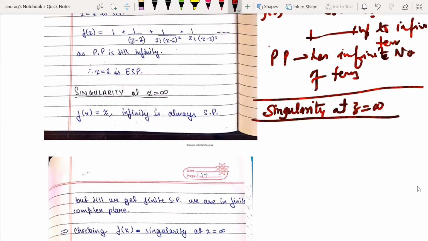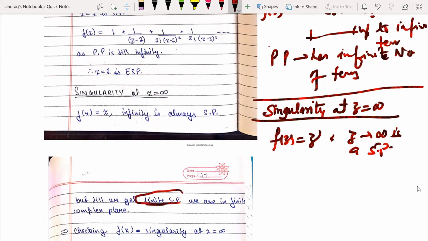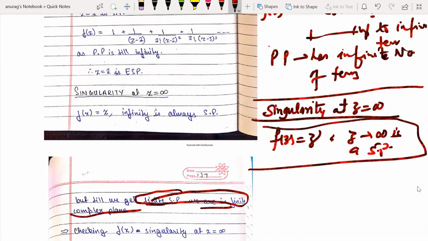If the singular point is infinity, so f(z) equal to z, so infinity is a singular point because at infinity the function is not defined. But till now we have studied singular points that are finite. So we are in the finite complex plane only. Then how do you tackle the infinity?